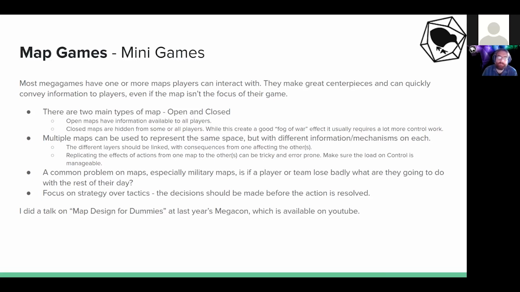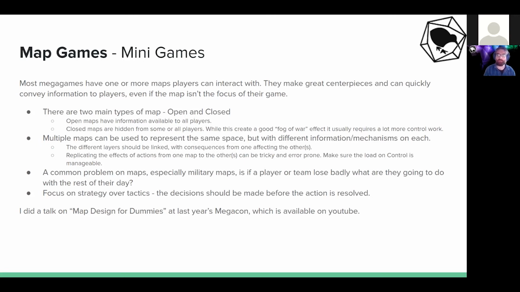You can have multiple maps that can be used to represent the same space, so you can have a military map and an economic map and an espionage map in different places. Again, this can be a lot of control burden. You've got to replicate effects from one map to other maps.